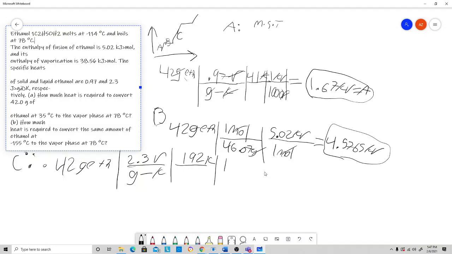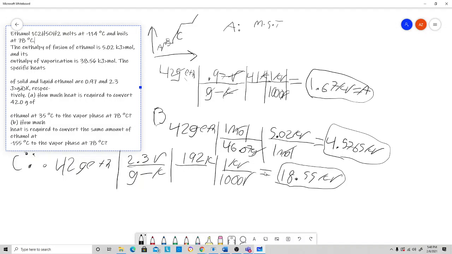So one kilojoule is 1,000 joules, and that's going to be 18.55 kilojoules. Okay, so now that we have that, that's good. And now we're almost there.